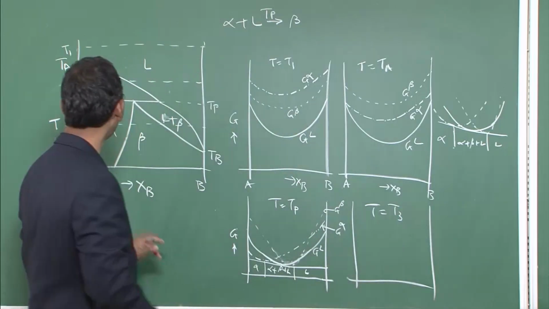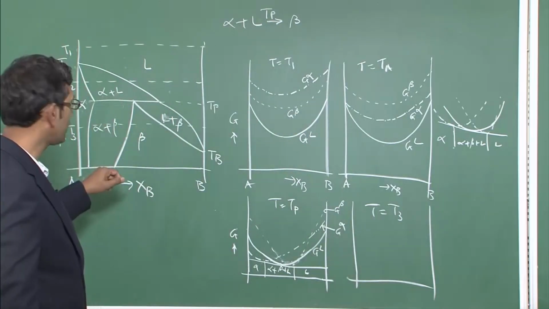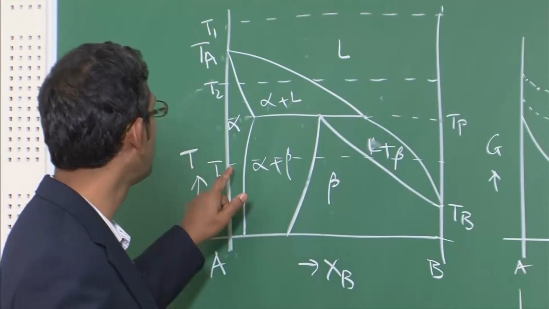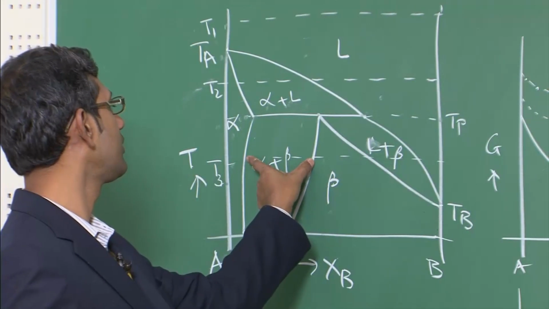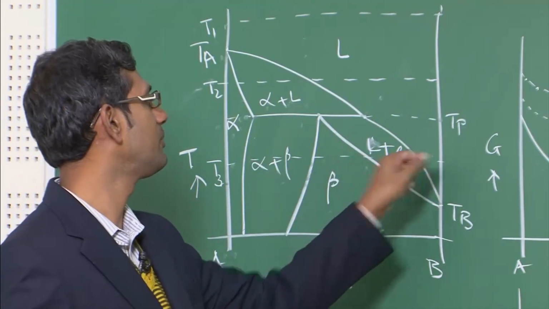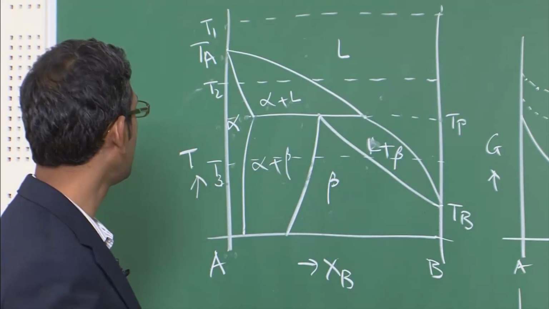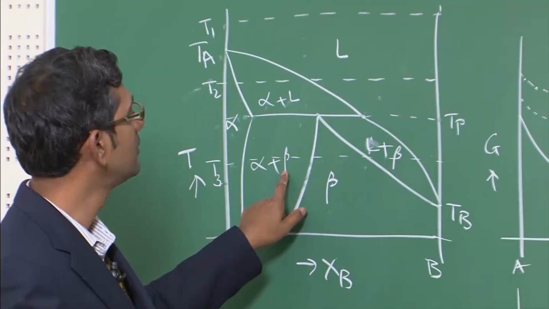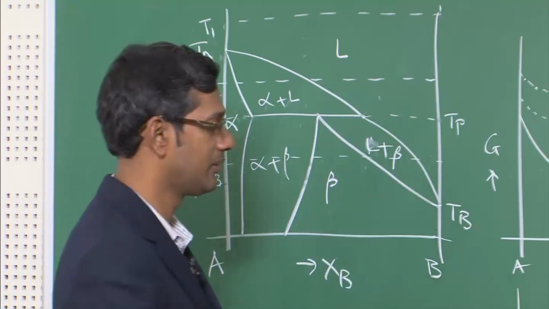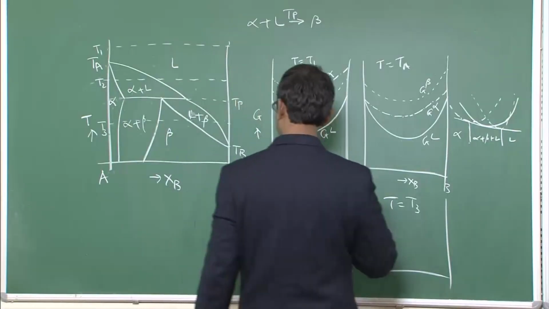So at temperature T equal to T3, you have not a very simple situation. You have alpha phase present until this composition, alpha plus beta until this composition, beta, liquid plus beta and liquid. Okay. So I have a crossover of alpha and beta, and again here beta and liquid. So first let us draw alpha.